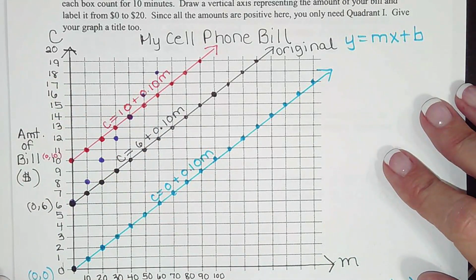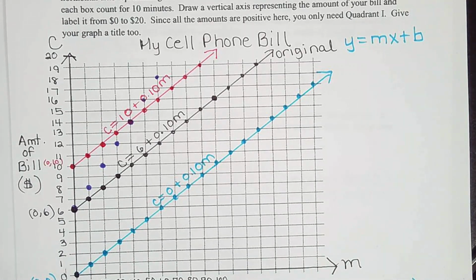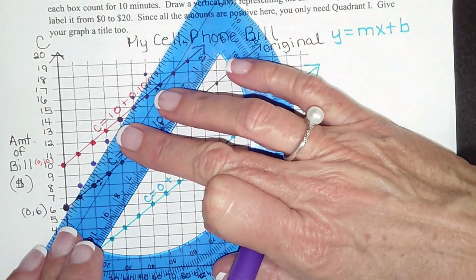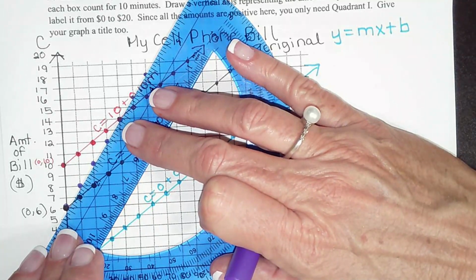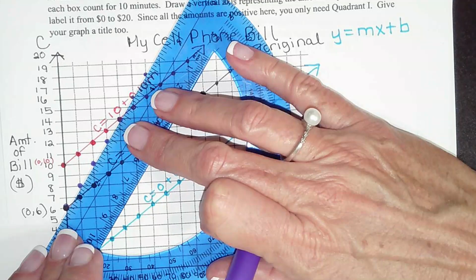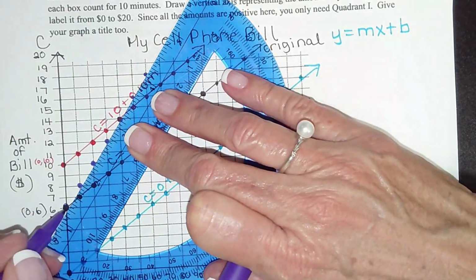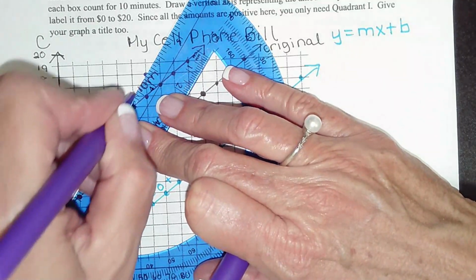So there is our next line. So let's see what it looks like when we sketch the line. Always make sure your points are all in a row. Make sure you didn't plot any of them incorrectly, and you can see them all lined up there. Start at the y-axis or the y-intercept, go up.